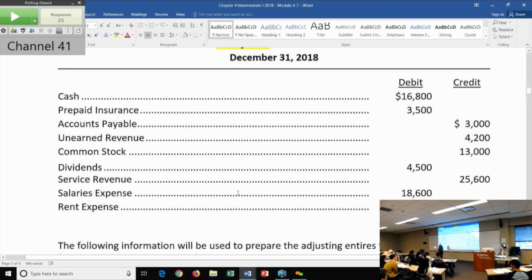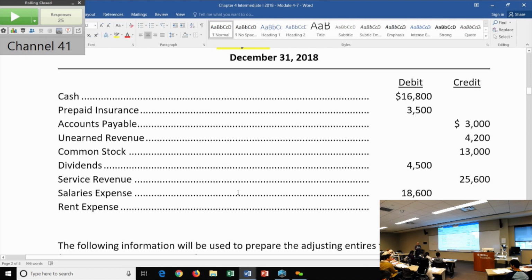Cash, $16,800, prepaid insurance, $3,005, accounts payable, $3,000, unearned revenue at $42,000, common stock at $13,000, dividends declared and probably paid at $4,500, because I don't see a dividends payable, sales revenue would be $25,600, and then we've got salaries of $18,600 and rent of $2,400.